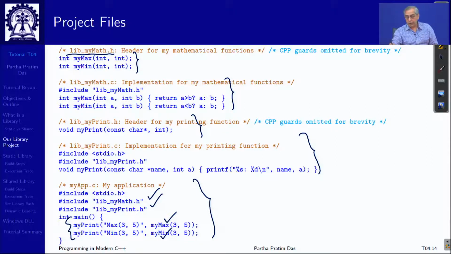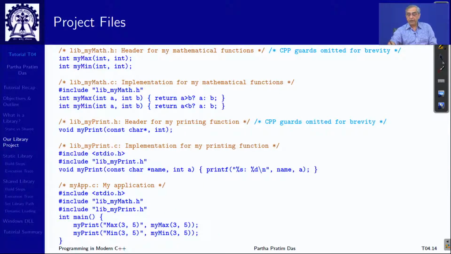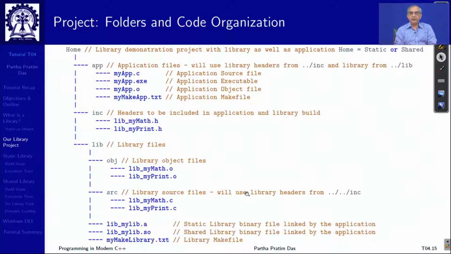Right. So, I have tried to keep the actual algorithmic functionality to the simplest, so that we can focus on the real issues. You can think about any big project, but this is the basic skeletal architecture that we will always have. So, based on this, let us organize it.